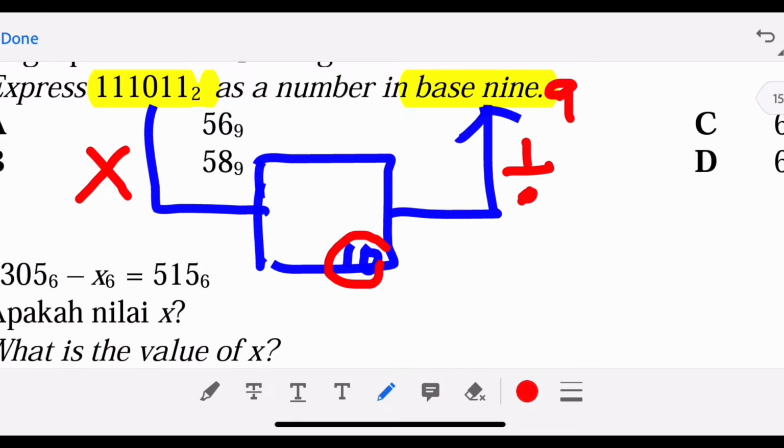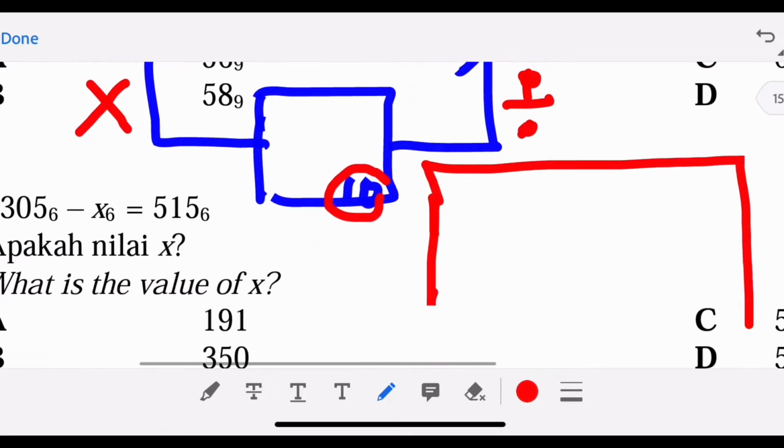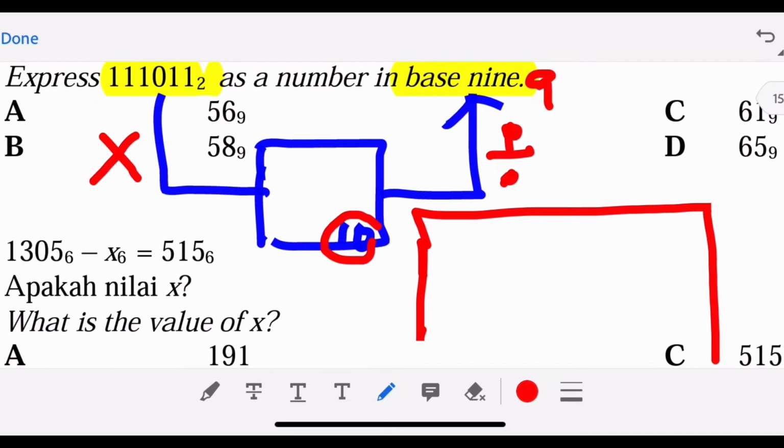Now I want to show you how to convert to base 10. Of course, you can use your calculator, very fast, but I try not to use a calculator. I want you to use a table.